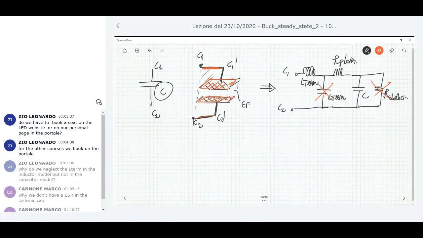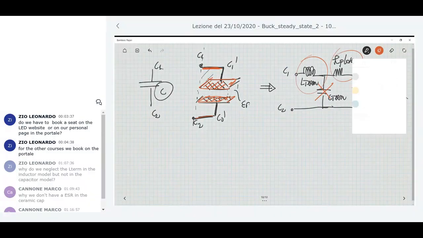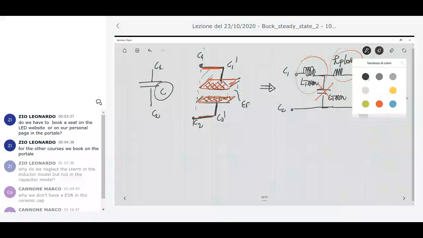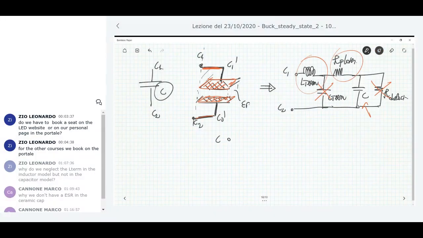What you cannot skip are the series inductance, the series resistance, and of course the nominal capacitance. So typically in your capacitor, between terminals C1 and C2, you have inductance, you have resistance, and you have finally your nominal capacitance.